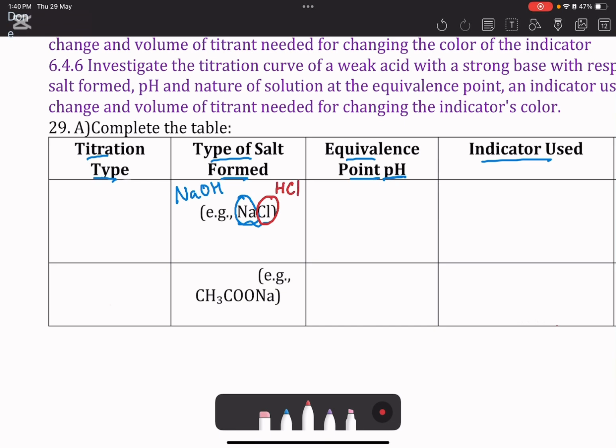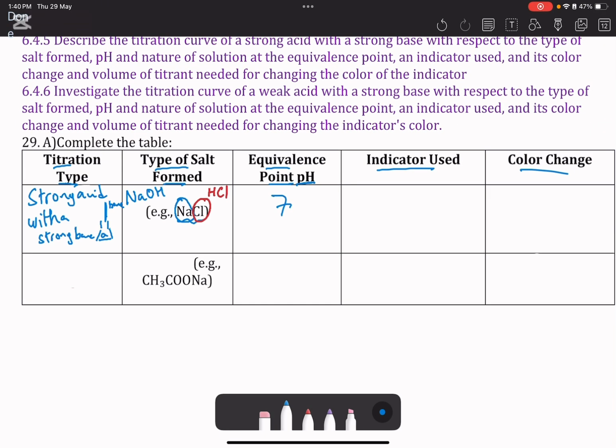Now, if you look at these formulas, sodium hydroxide and HCl, both of them are strong. So it is the titration of a strong acid with a strong base. So if I have the base in the burette and the acid in the conical flask, the pH at the equivalence point when both acid and base are strong will be 7. And the best indicator used for a strong titration is phenolphthalein.